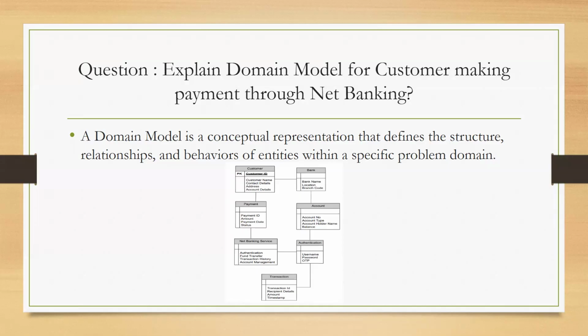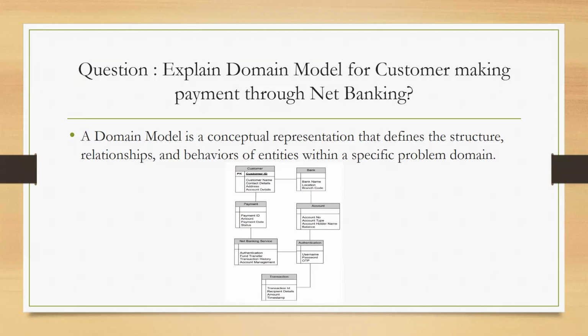When you hear domain model, it is specific to only one particular domain. That is the difference between a conceptual model and a domain model. In a domain model, we take a specific domain in the overall project and represent it deeply: what are the processes happening under that domain.